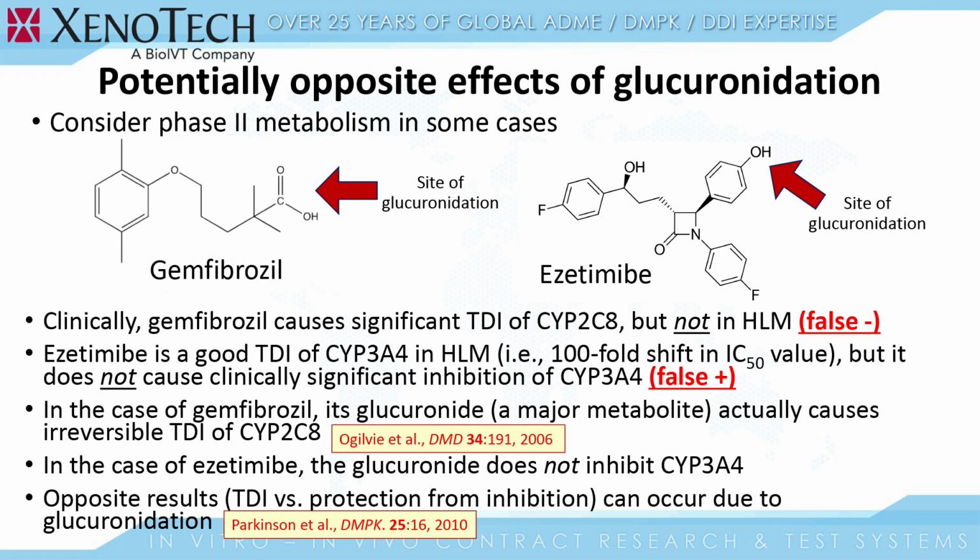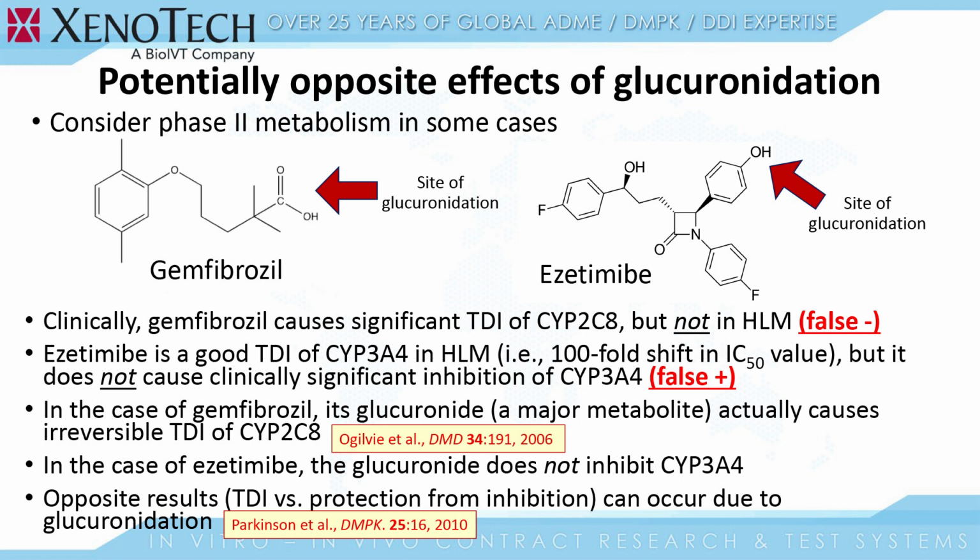To state this another way, incubating gemfibrozole in human liver microsomes fortified with NADPH alone would provide a false negative result. So if only phase 1 metabolism is being investigated, in this case, a potentially relevant clinical drug-drug interaction could be missed.